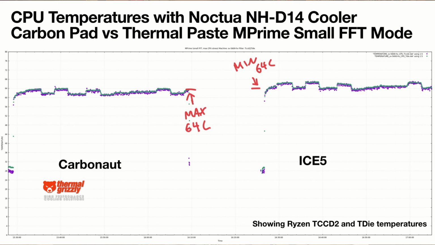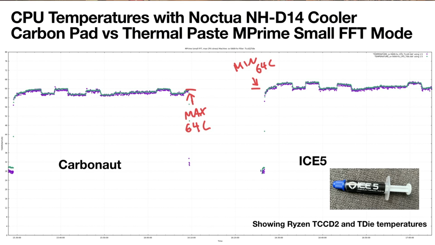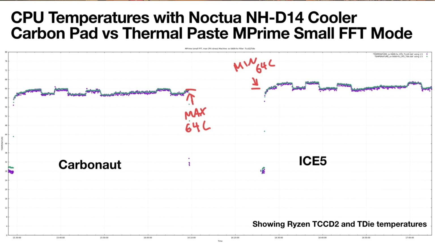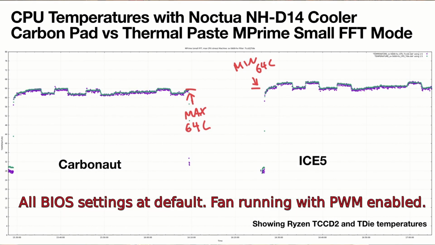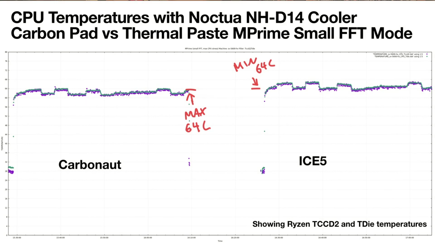And I was actually doing two measurements, one with the carbon thermal pad and another one with the ICE5 thermal paste that was delivered with the chassis. What we see there are the temperatures reported from the AMD CPU, so the die temperature and the CCD2 temperature, which is mostly the same.